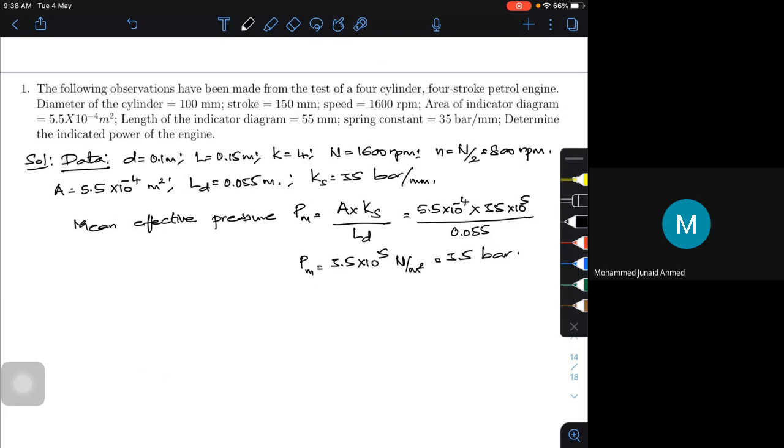So this has to be converted. 35 into 10 to the power of 5 divided by 1000, so this will be 3500.